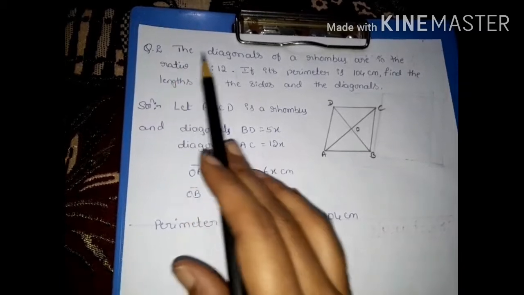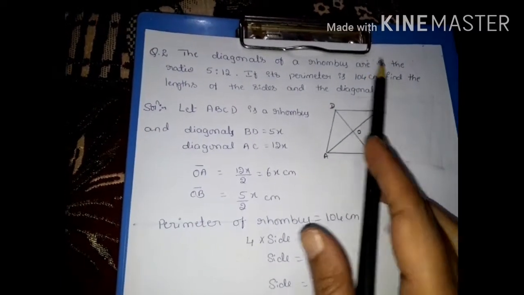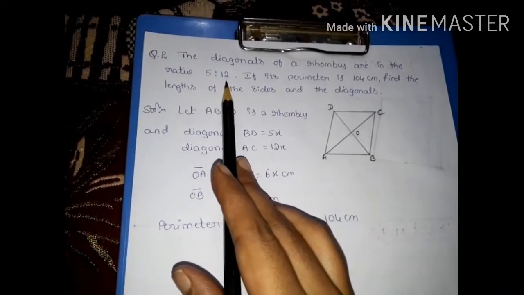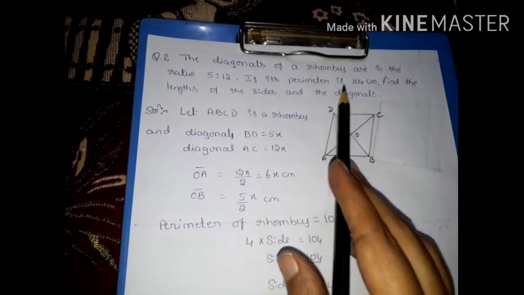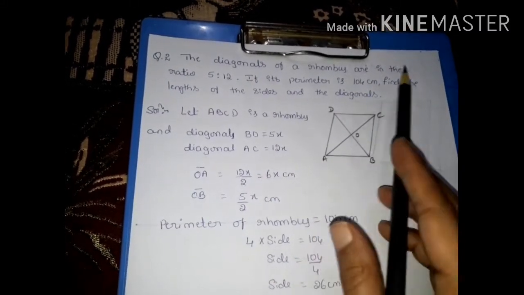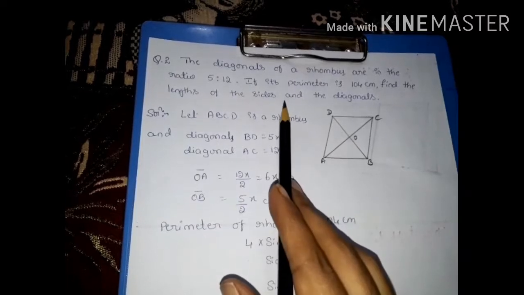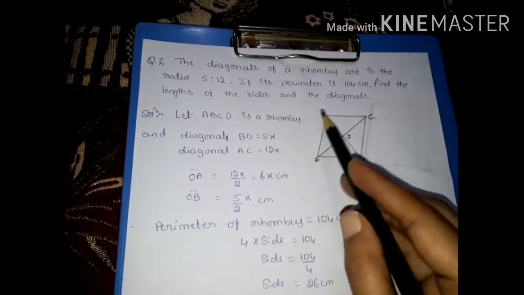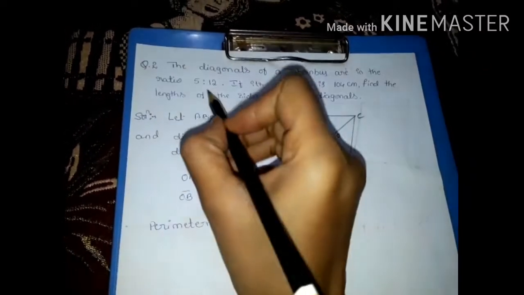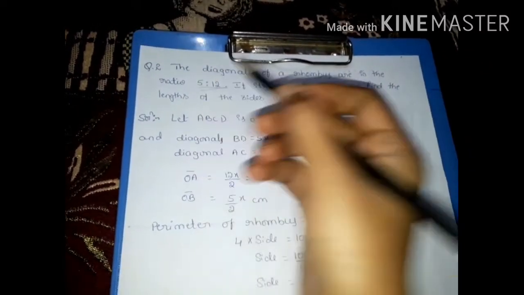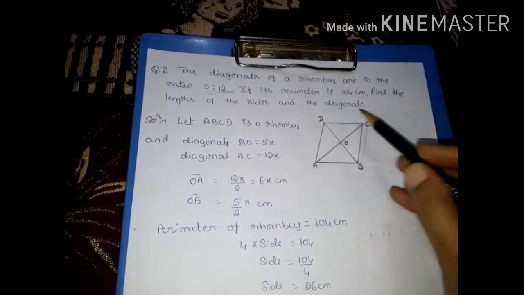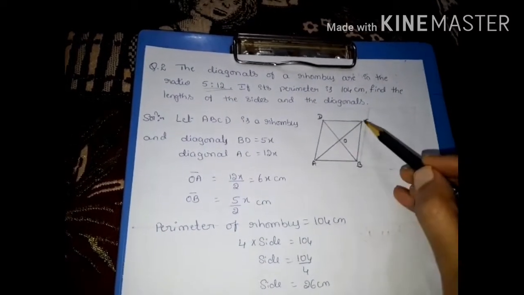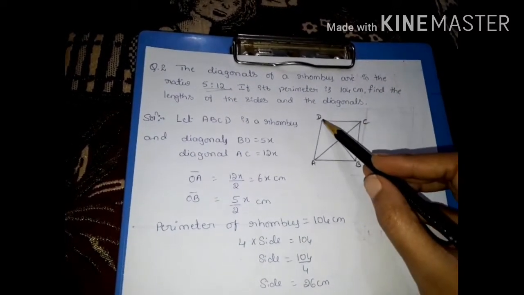Question number 2. The diagonals of a rhombus are in the ratio 5:12. If its perimeter is 104 cm, find the lengths of the sides and the diagonals. Here the rhombus diagonals are given in the ratio 5:12. In the figure, ABCD is a rhombus where AC and BD are diagonals.